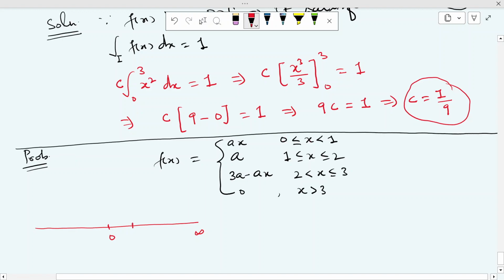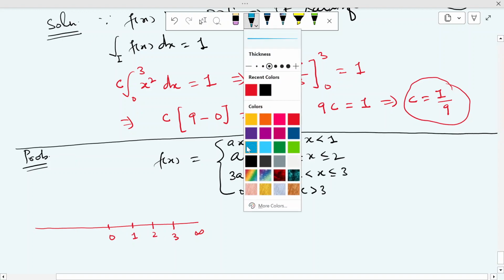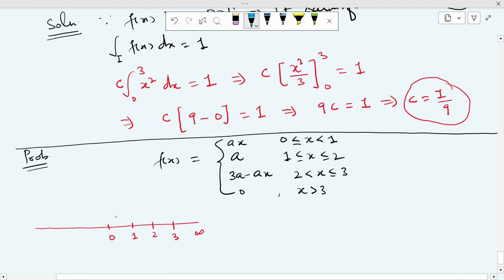So let us mark this as 1, 2 and 3. On this 0 to 1, this function is given as ax, and on this 1 to 2, this function is defined as a, and from 2 to 3 it is defined as 3a minus ax, while for x greater than equals to 3 it is 0.